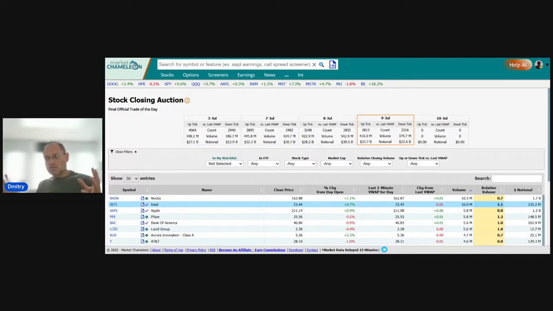Sometimes you'll see even order imbalances at the market close. But these are trades that are designated to be executed at the close. And what the specialist does is take that imbalance and match them up at the most balanced price.